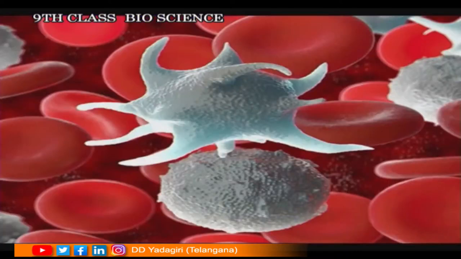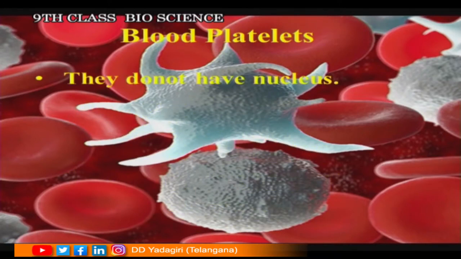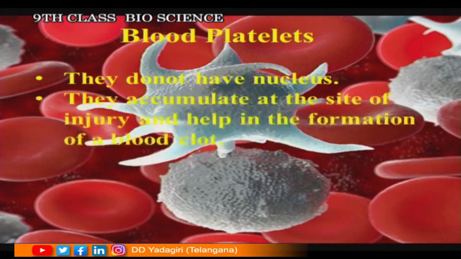Now what are these? These are blood platelets. They do not have a particular shape. They do not have a particular structure. What is the use of these blood platelets? They do not have a nucleus. Children, what is the main use? They act at the site of injury and help in blood clotting.